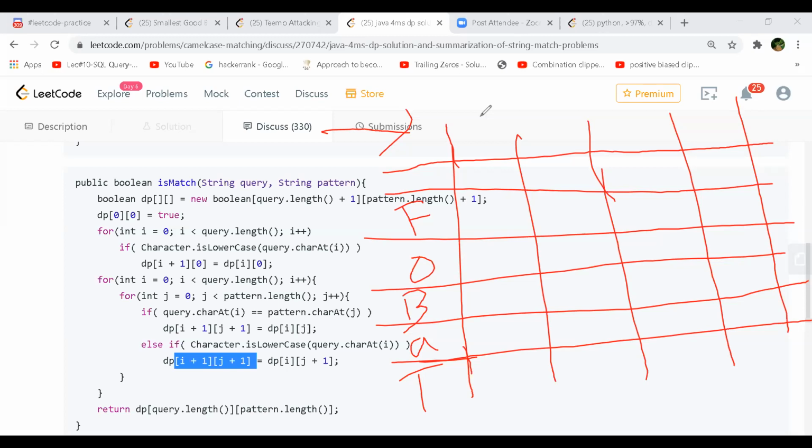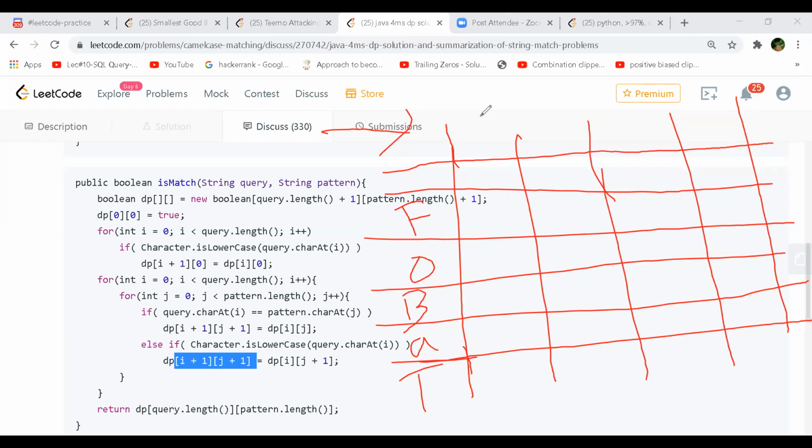So when you are doing that, since dp 0 0 is true, all the values in the 0th column will be true. That will be your base case.